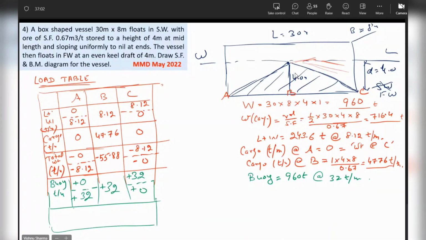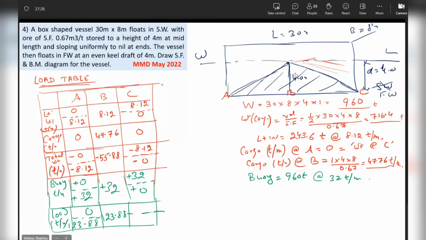And this gives us the load at the 3 points, tons per meter. We divide the cells which are divided. 0 and 0, 0. 32 minus 8.12 is 23.88. This will be 23.88, and this will be 23.88 again.